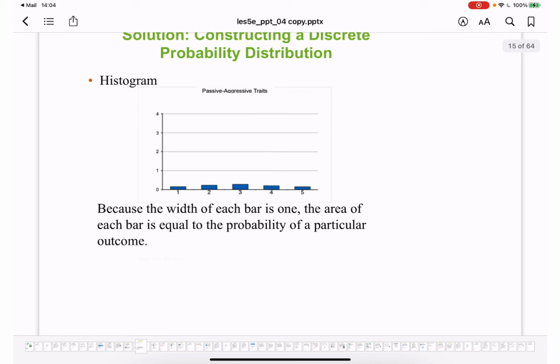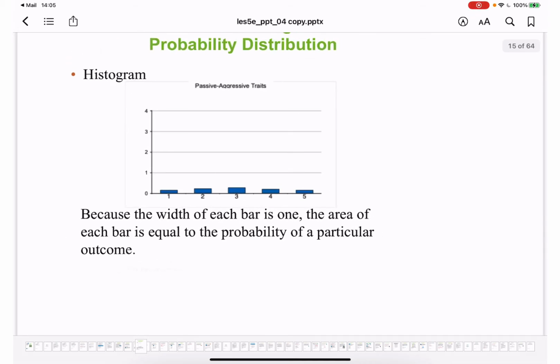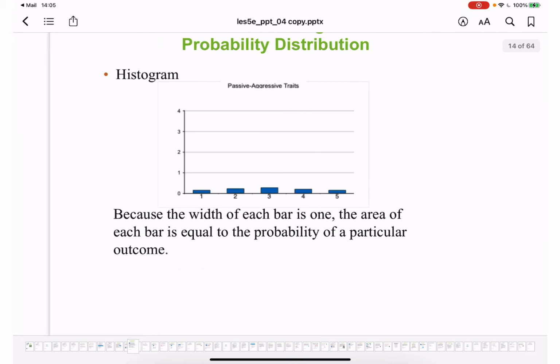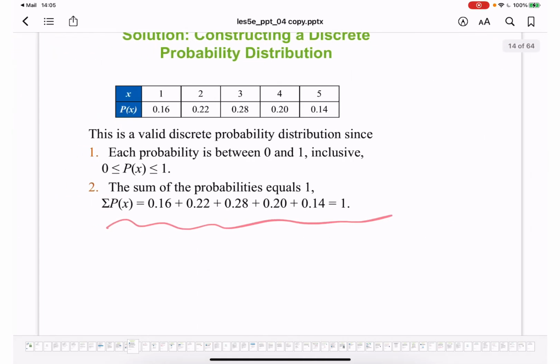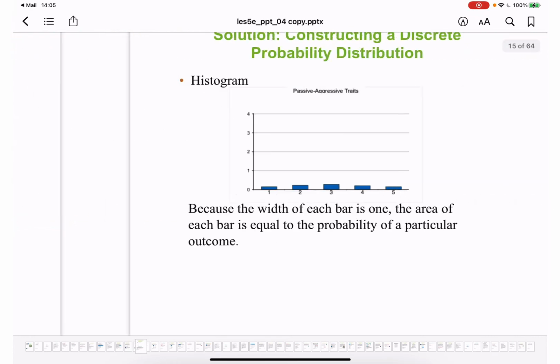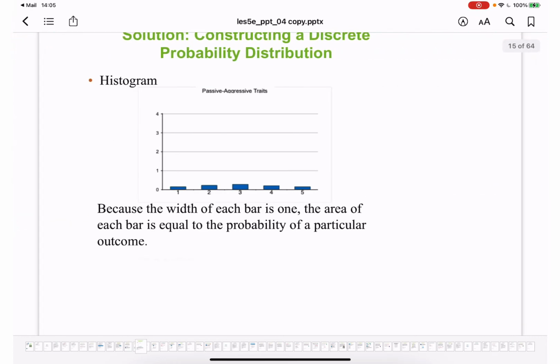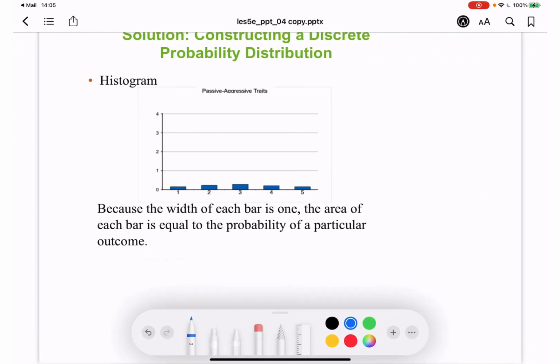Now here we have the graph, the histogram. With score 1, we had 16%, then 22%, and the highest is score 3, which is balanced. Let me see. Score 3, and indeed, it comes out balanced.